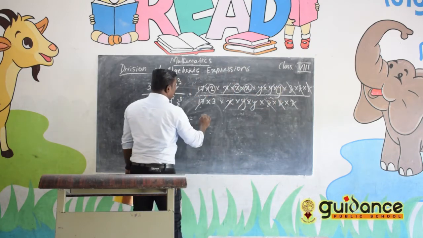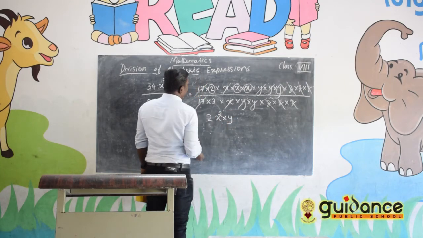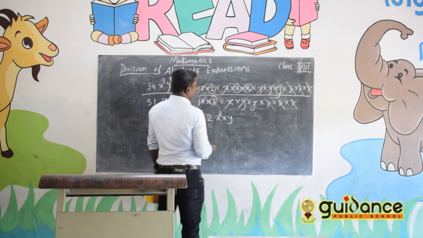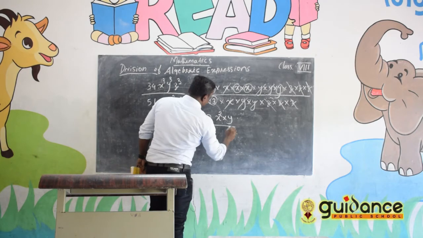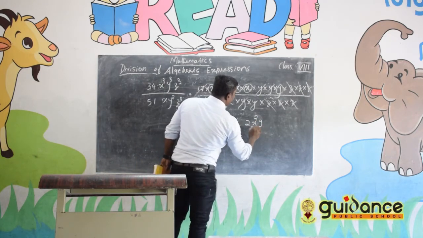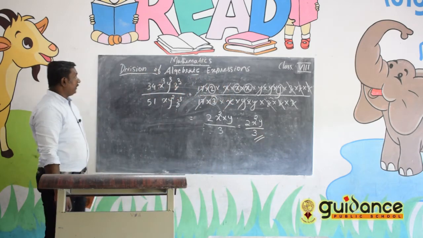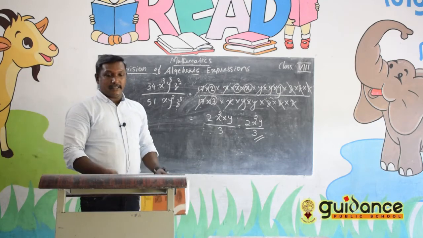The numerator consists of 2x square into y, and the denominator consists of only 3. Then all other things we cancelled. The answer is 2x square y by 3. Got it? 2x square y by 3.